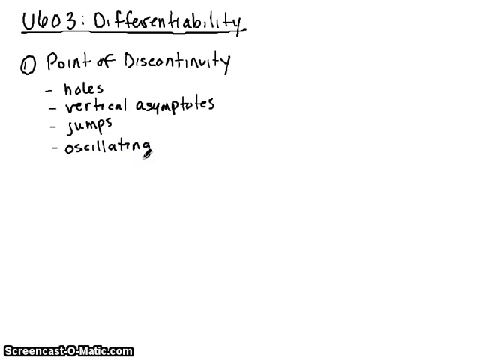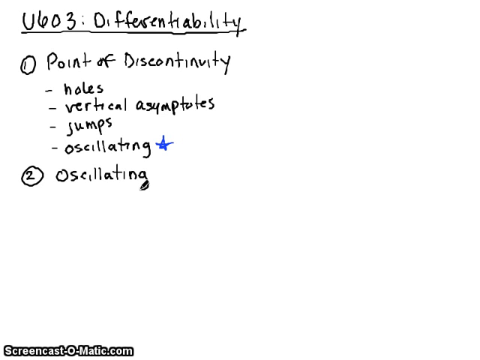So if any of those four things happen, we're going to say that we are not differentiable. This last one here gets its own number. Even though it's a type of discontinuity, we're also going to say that it is a type of non-differentiability. And once again, we don't really have to worry about those things.